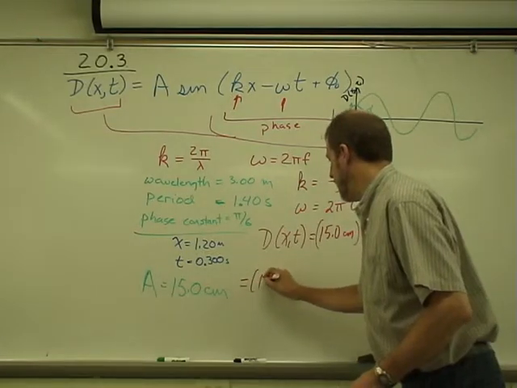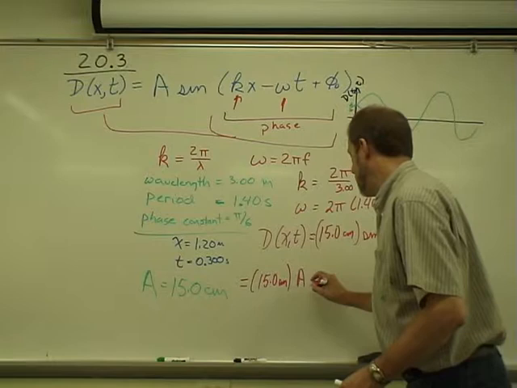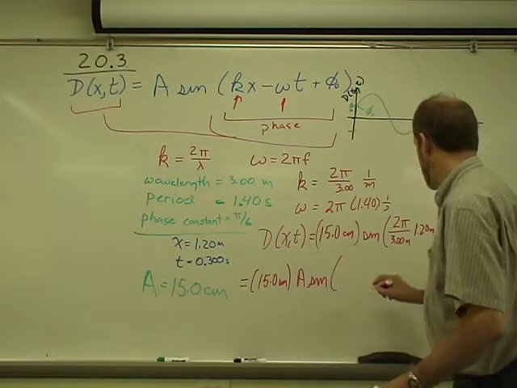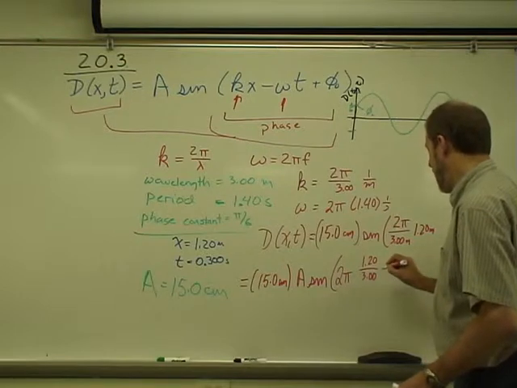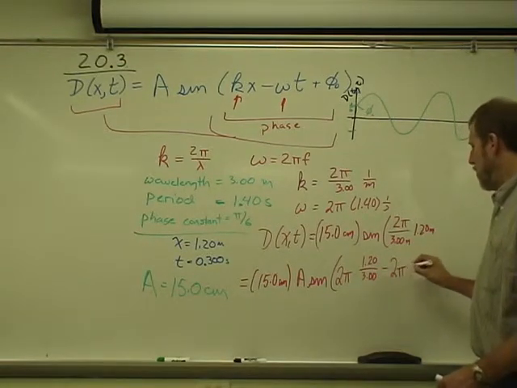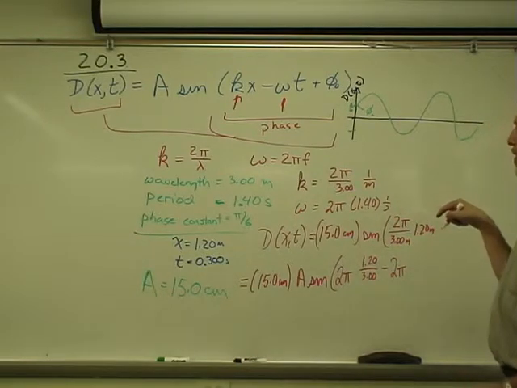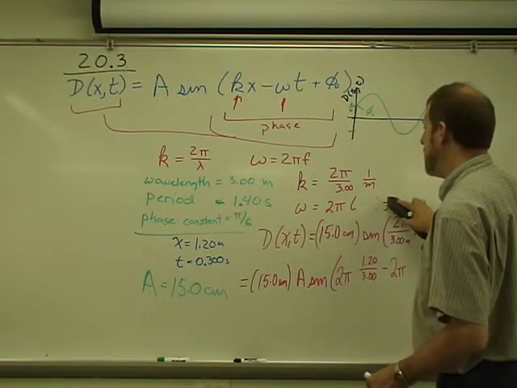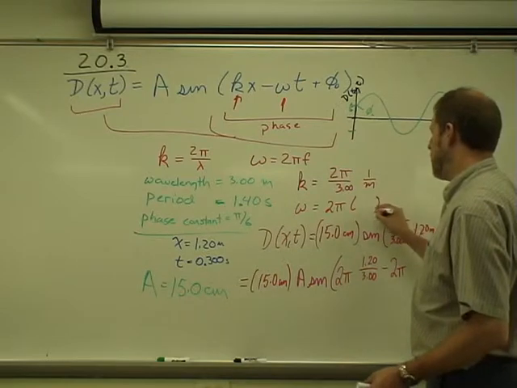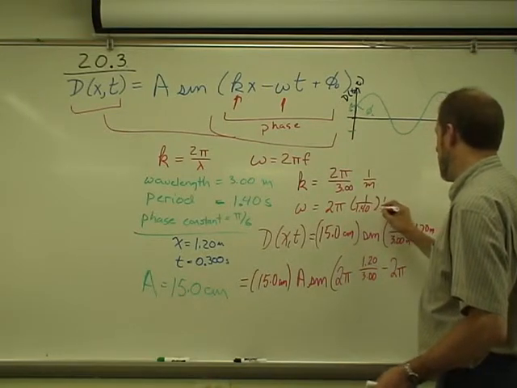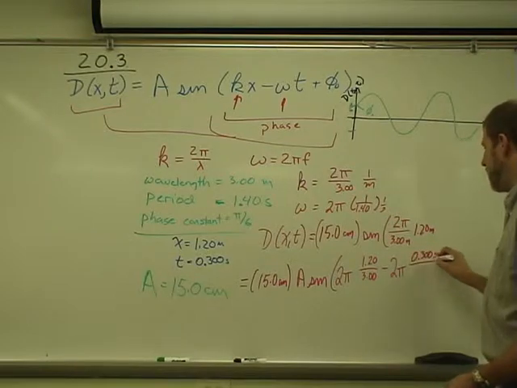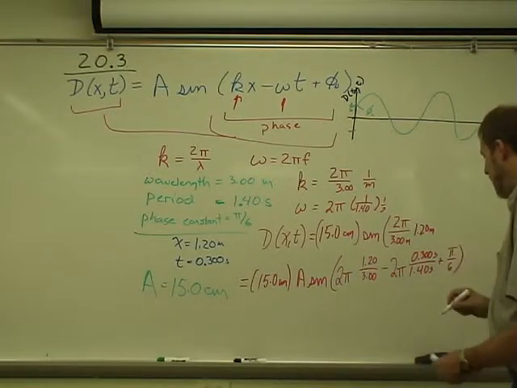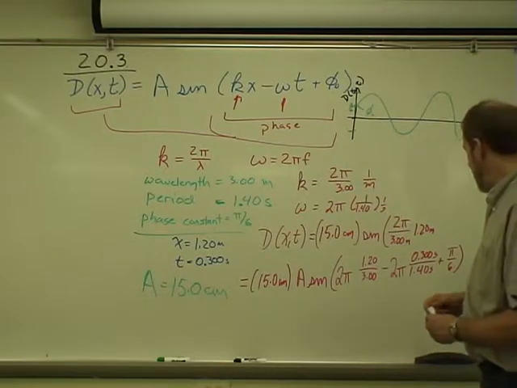So 15 centimeters times the sine of 2 pi times 1.2 meters over 3 meters, the units cancel out, minus 2 pi, whoops, that's why you keep units, the frequency is 1 over 1.4, 1 over seconds, so I've got 0.3 seconds over 1.4 seconds, plus pi over 6.